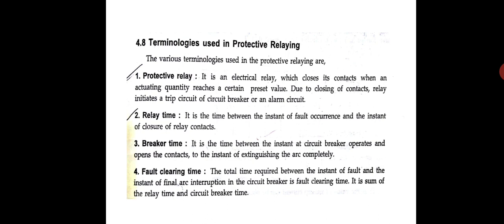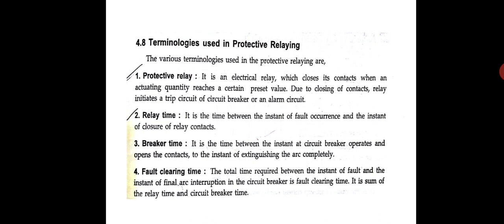A circuit breaker has two important parts, the moving contacts. Normally these two contacts will be in closed position, through which current is flowing. But whenever the relay gives a command to open this contact, the circuit breaker will open those contacts, and in between, an air gap is created.